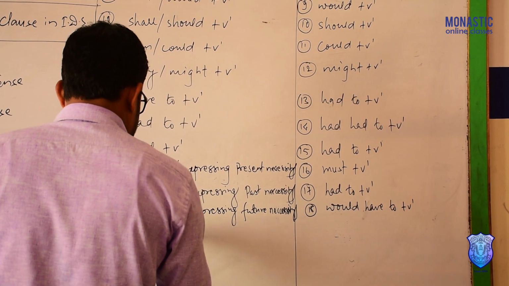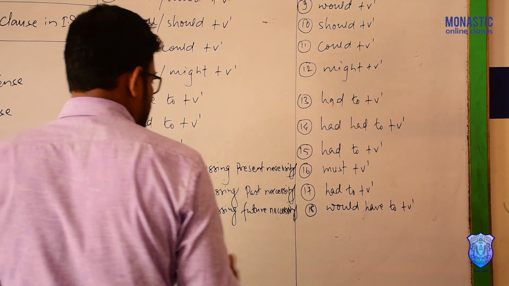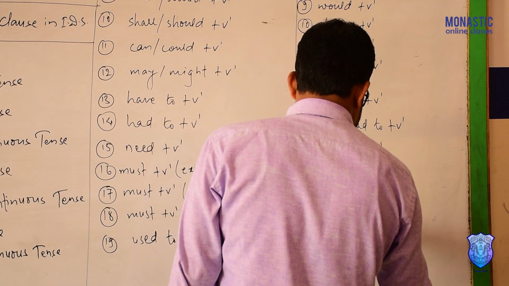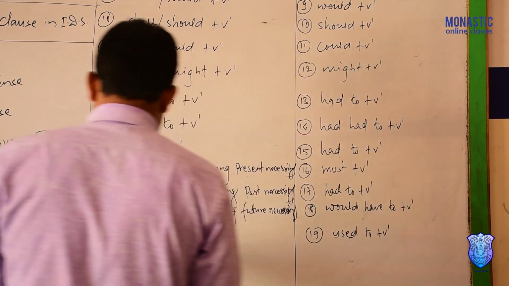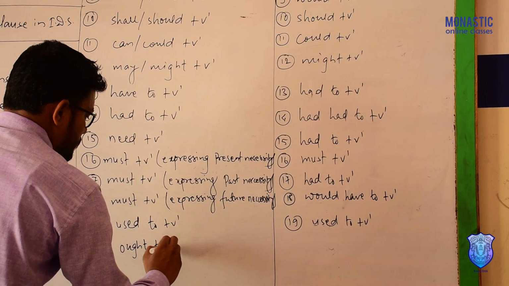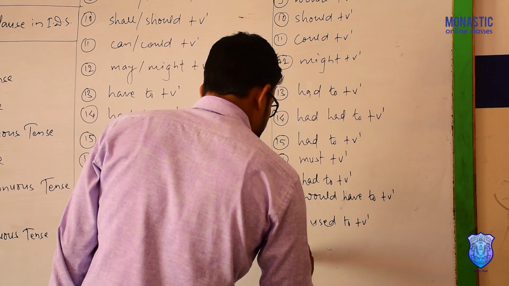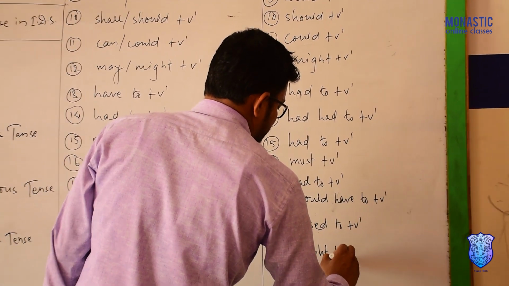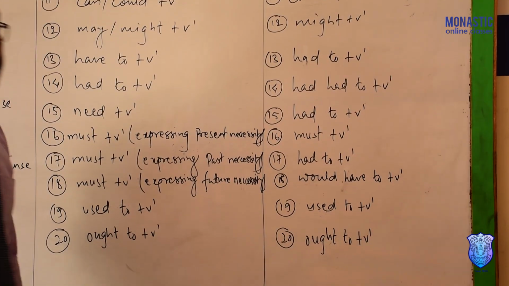Regarding used to plus V1, it should not be changed. It remains as it is, used to plus V1. Ought to plus V1 should also not be changed, and it remains as it is, ought to plus V1.